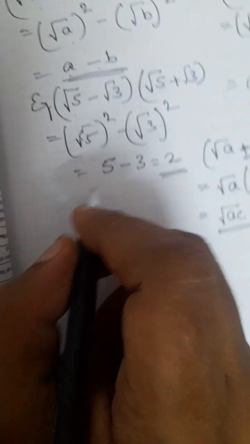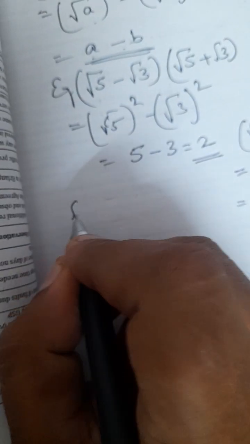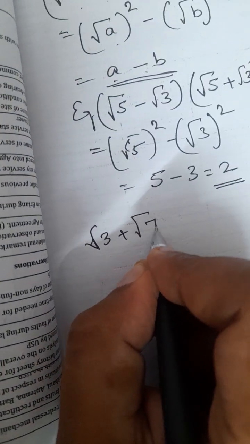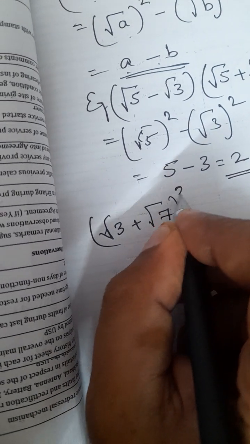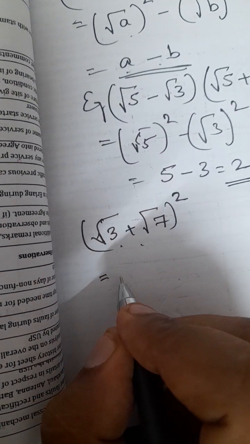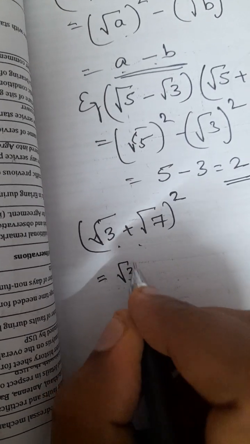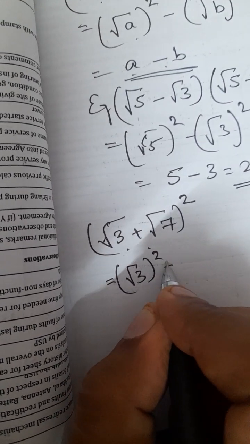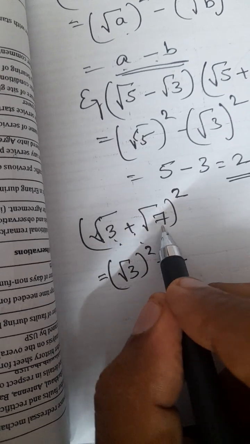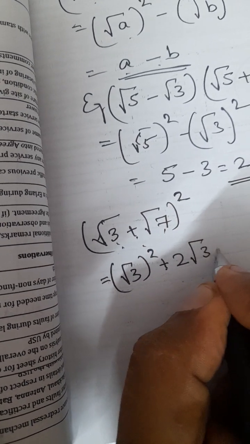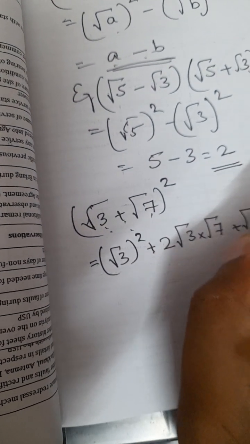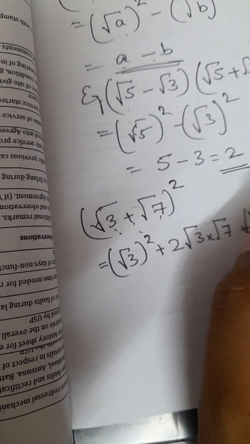That is, you have root 3 plus root 7 whole square. That is a plus b whole square. So this is equal to root 3 square plus 2ab, that is root 3 into root 7, plus root 7 whole square.